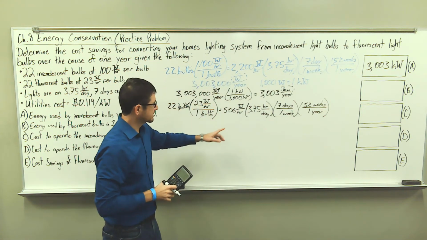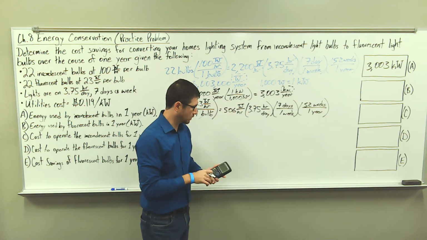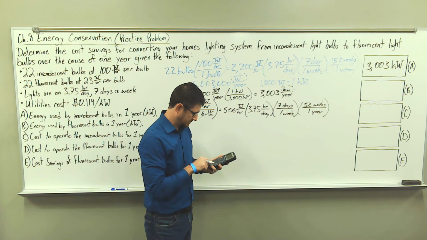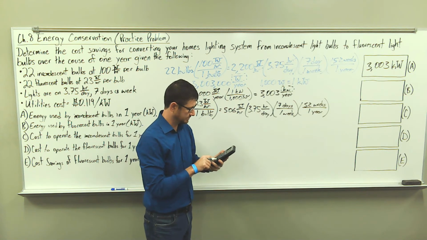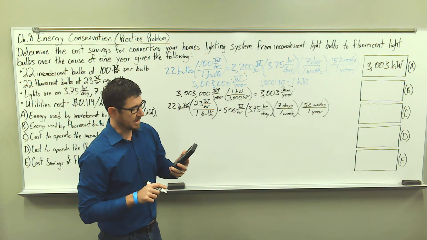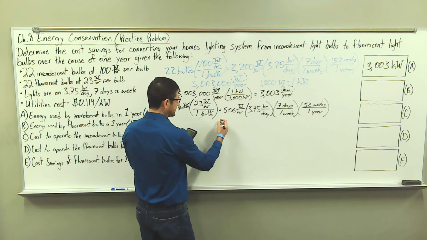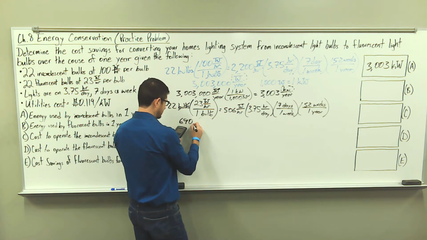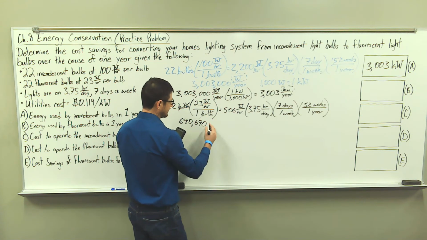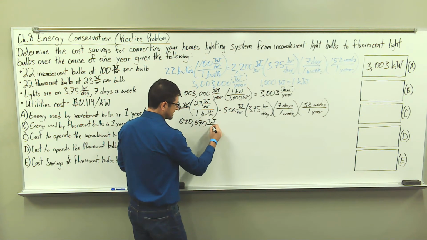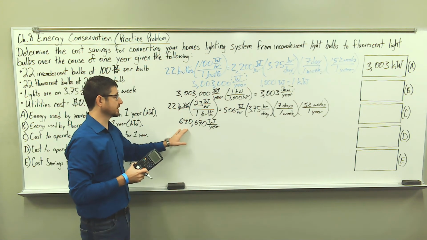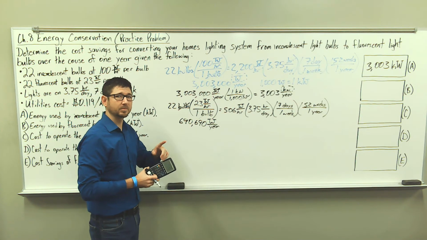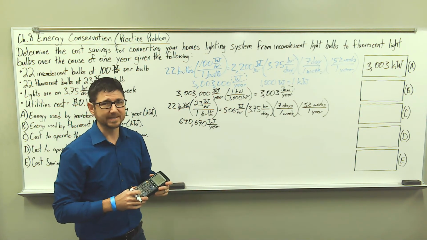Okay, so 506 times 3.75 times 7 times 52, and I get 690,690, and we are in watts per year. Now we need to convert this to kilowatts, and remember there are 1,000 watts for every kilowatt.